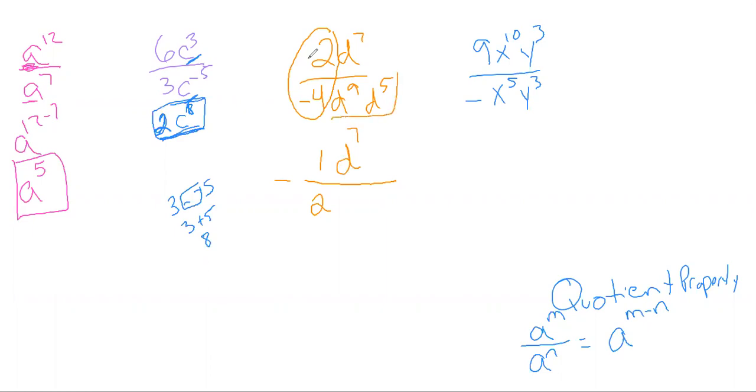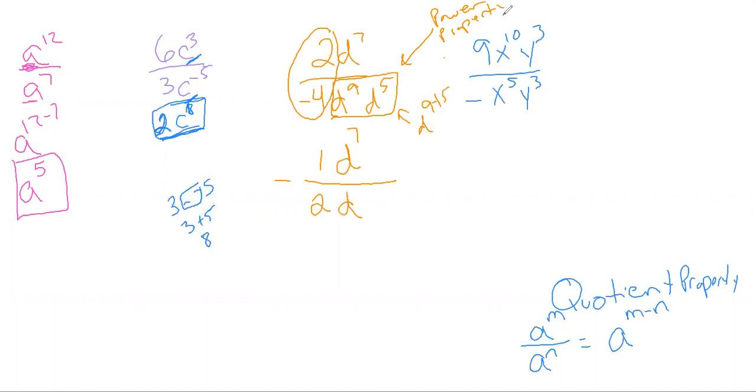But I am going to use the power property right here. Okay, and if you remember, the power property says if the bases are the same and they're multiplying, you just add the exponents. So essentially what we have is d to the 9th times d to the 5th, which is the same thing as d to the 9 plus 5, which is 14.